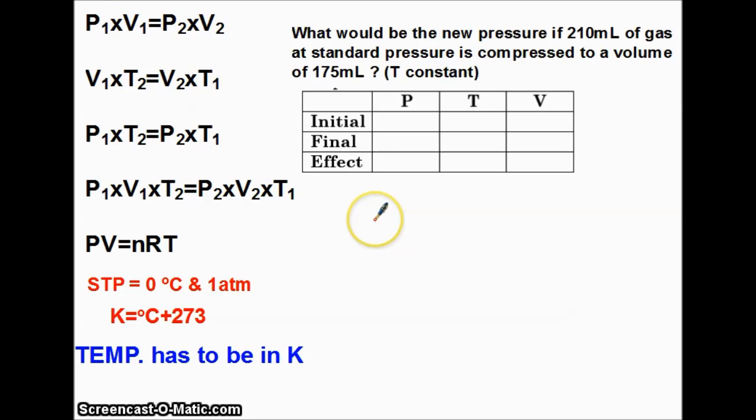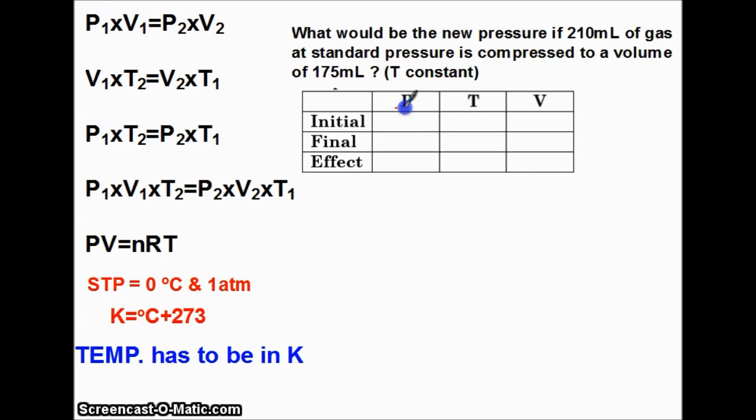Okay, so let's look at our first problem here. Our first problem says, what would be the new pressure if 210 milliliters of gas at standard pressure is compressed to a volume of 175 milliliters, and that T, the temperature, is constant. Well, I have this little box here to help you set up your problem, and I want to go through what to do with this box.